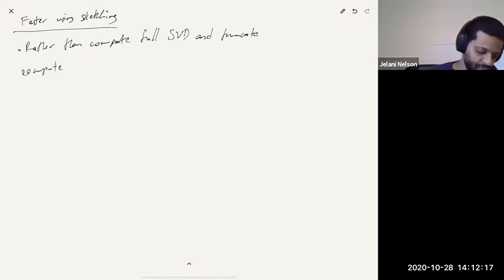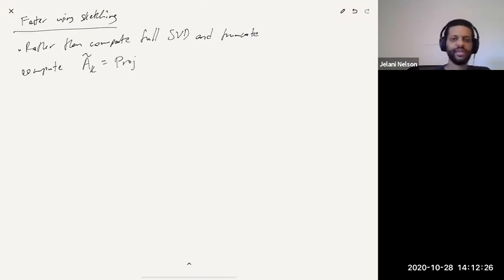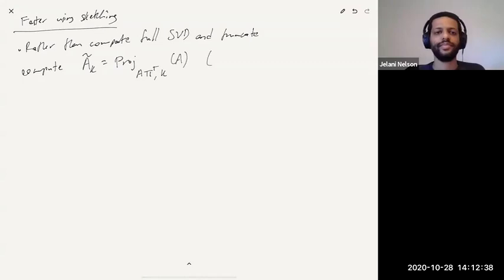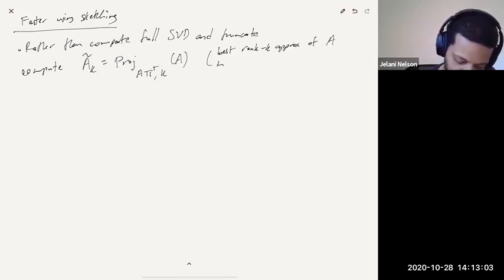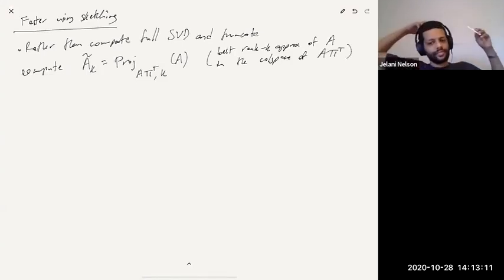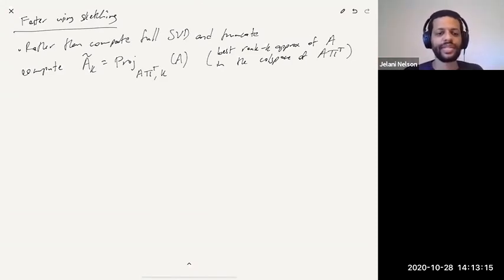We'll compute A tilde K, as I'll call it, which is not the actual optimal thing, but is equal to the projection, the best rank K approximation of A in the column space of A pi transpose. Does that make sense?